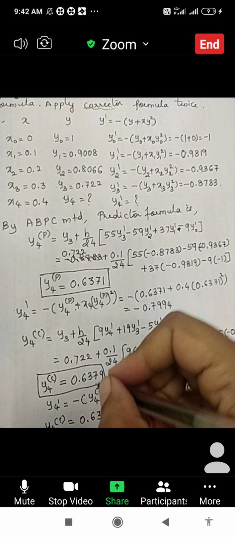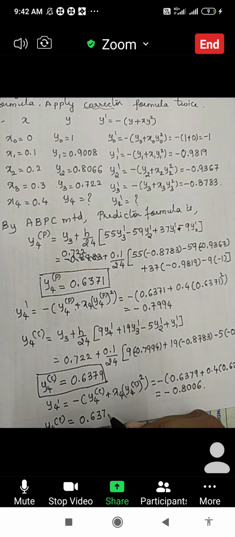Be sure about it because the difference should be reduced. All are getting 7, 8, 6, 3, 7, 8. Or if by your calculation you are getting 7, 7, you can write it. Shall I write 7, 8?